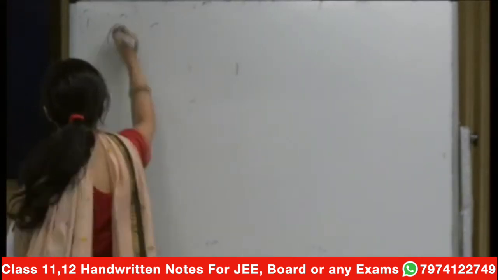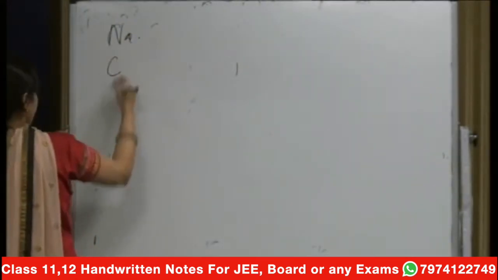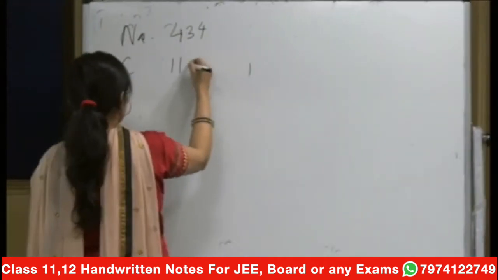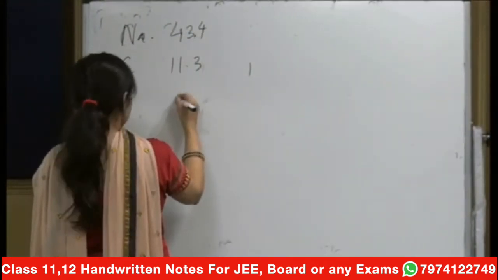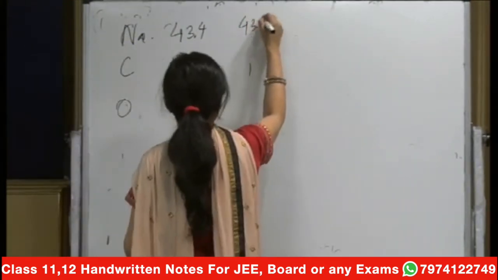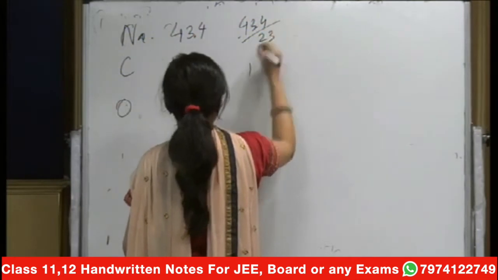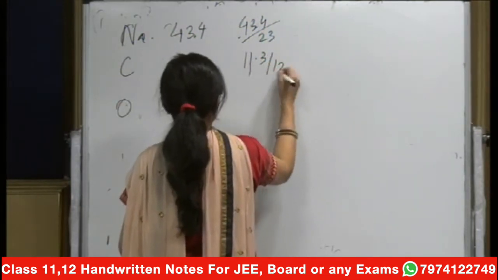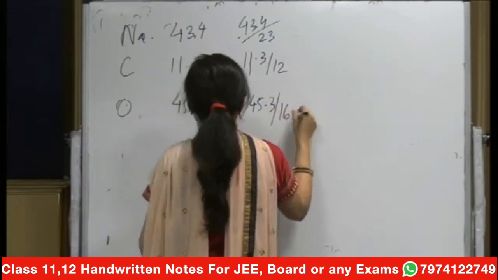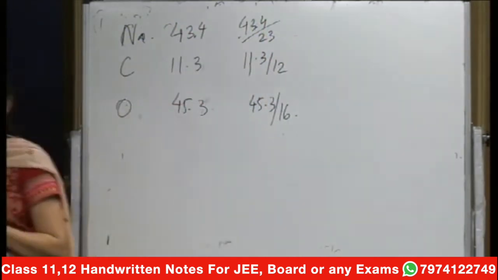You have to quickly divide them. The first step, I am just doing that for you: 43.4 divided by 23, 11.3 divided by 12, and then 45.3 divided by 16, and you have to get me the formula for this quickly.